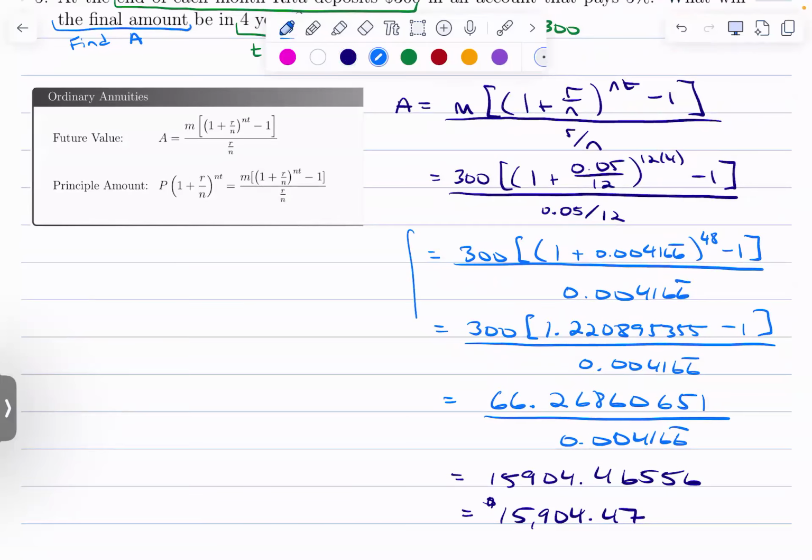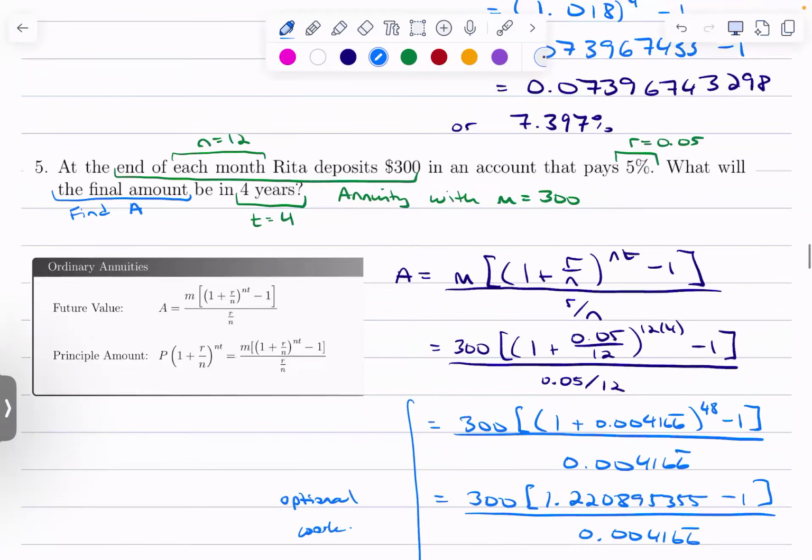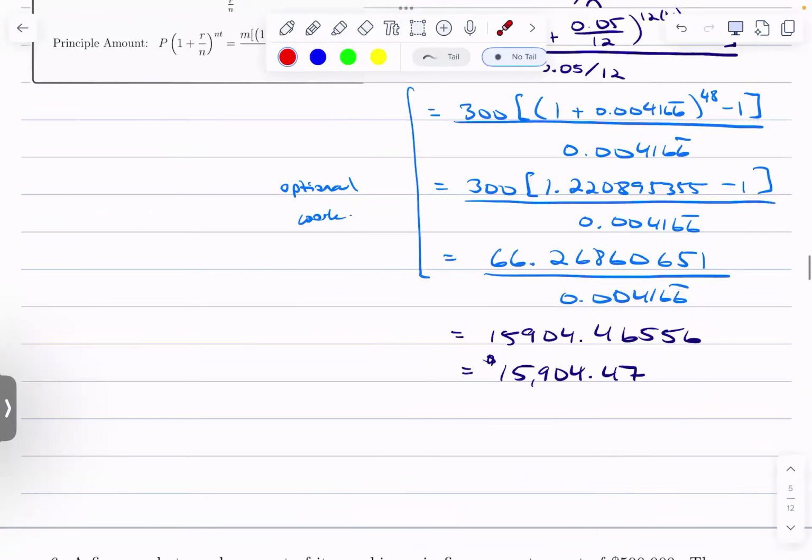And I'll clarify again, this light blue is optional work. You don't have to show it. You can always check to make sure, right? What would you expect it to be if there was no interest involved? $300 a month. So 300 times 12 is 3,600 for 4 years times 4, 14,400.